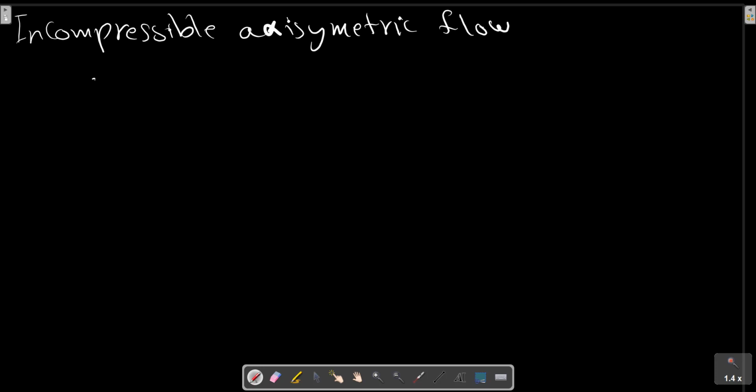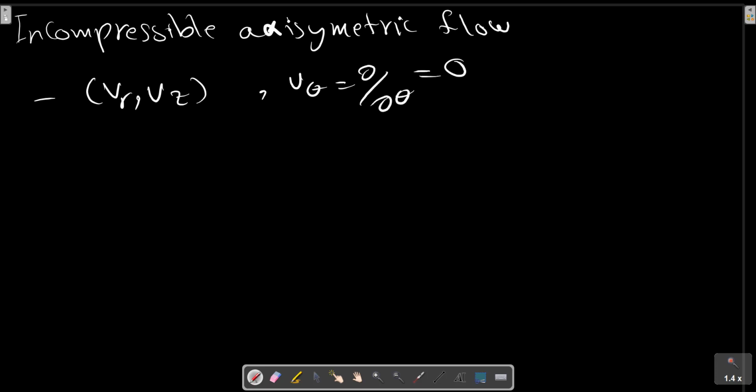So we have incompressible Vr, V theta, and Vz. In incompressible axisymmetric flow V theta equals 0. Such flow is termed axisymmetric, and the flow pattern is the same when viewed on any meridional plane through the axis of revolution z.